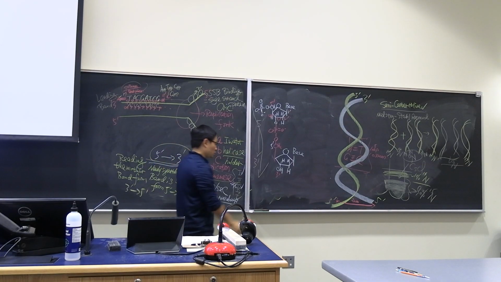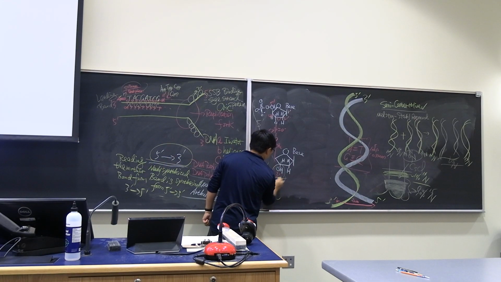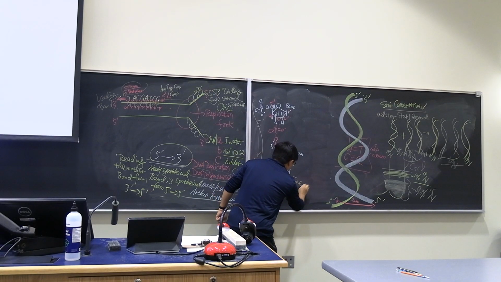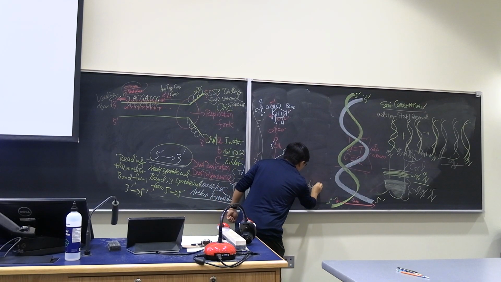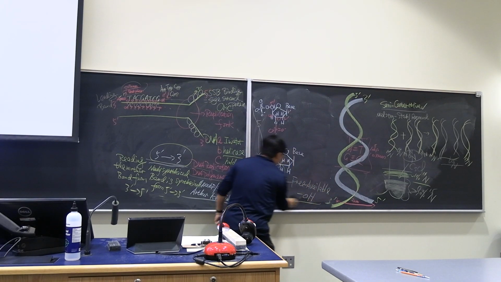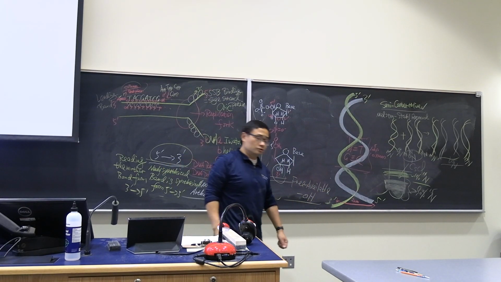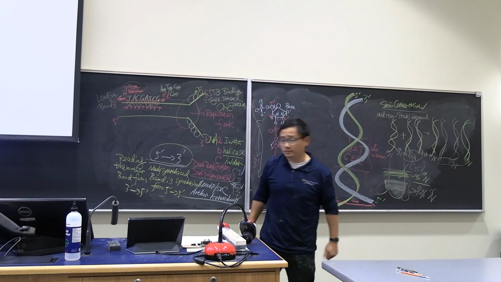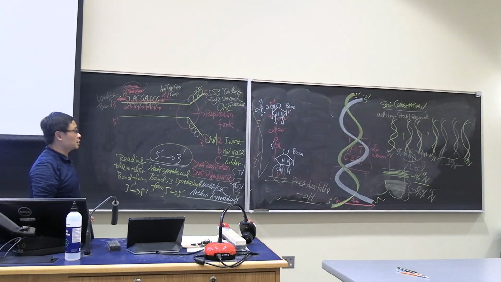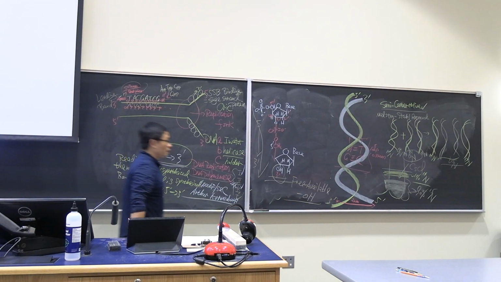What this tells you is that every time, you must have a free available hydroxyl group showing up. Go in this direction, there's nothing you can do, because there's no free available hydroxyl group. Remember, the newly synthesized strand can only be made that way.